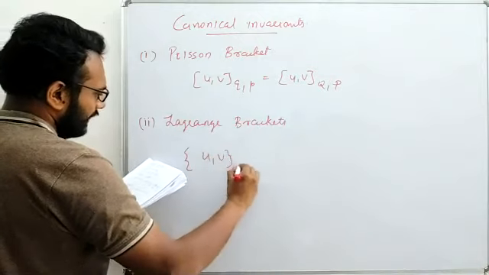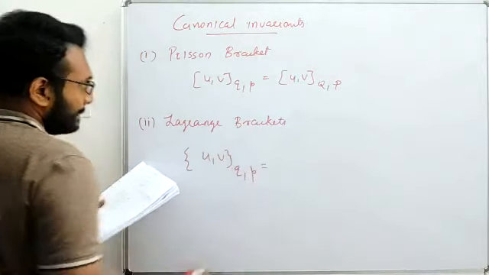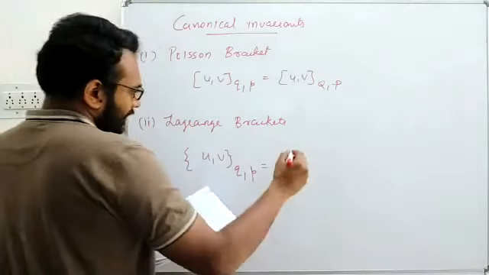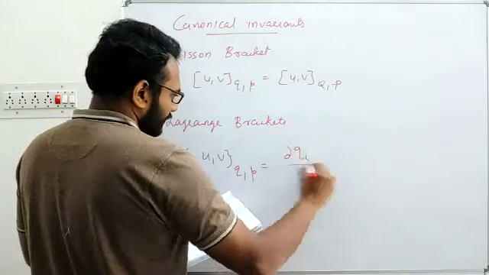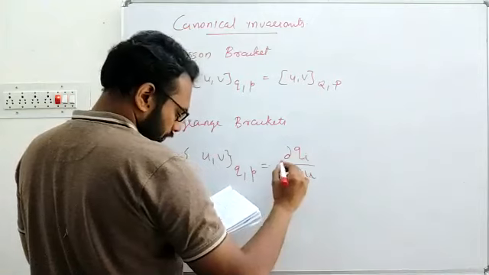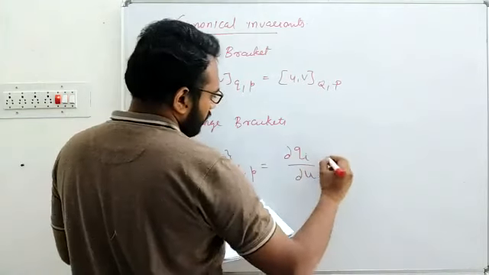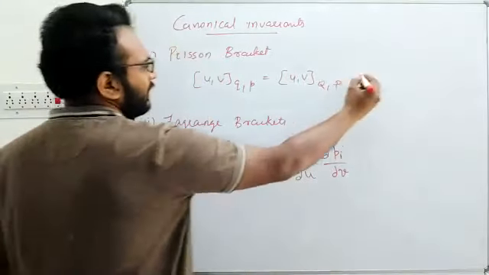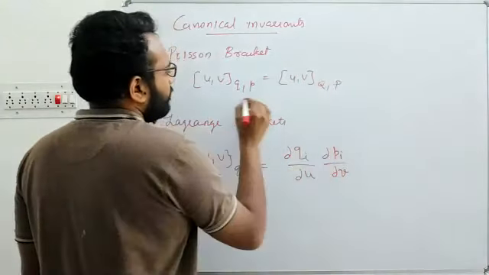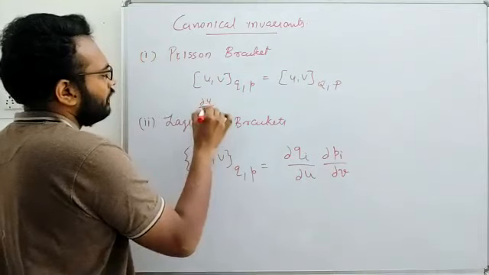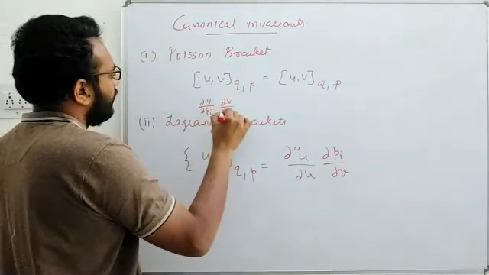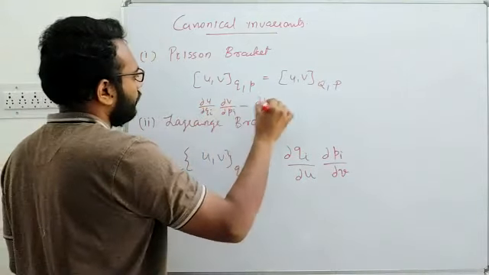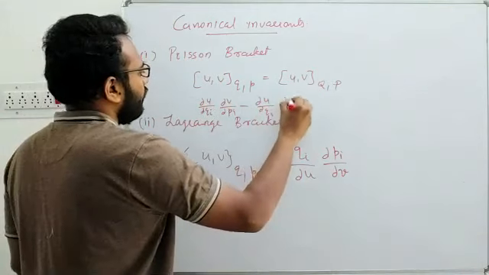Its definition goes like that. So it looks just like this: dou qi by dou u, dou pi by dou v. We know this definition, right? This is equal to dou u by dou qi, dou v by dou pi minus dou u by dou pi, dou v by dou qi.